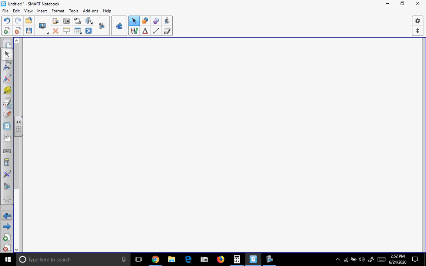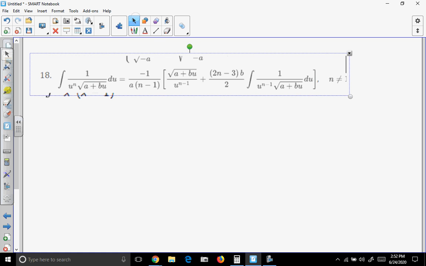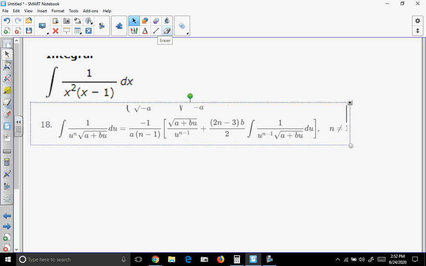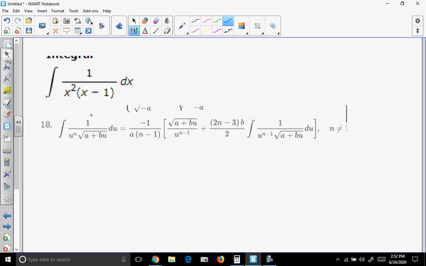Let's cut that here, paste it, and see if we can make ours look like that. If it's going to fit this one, u is going to be x, which would make du dx. N is 2.